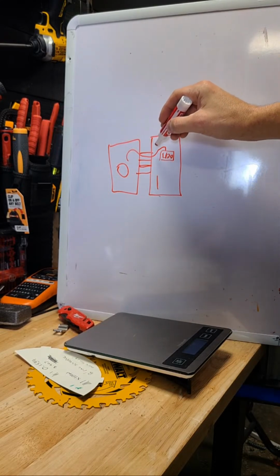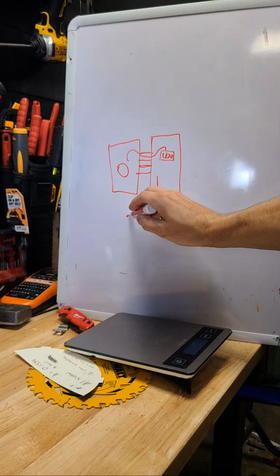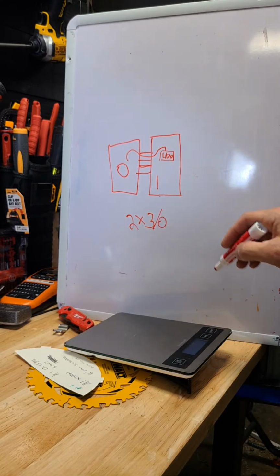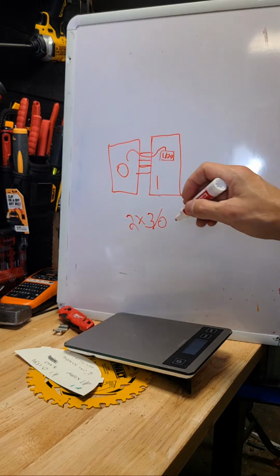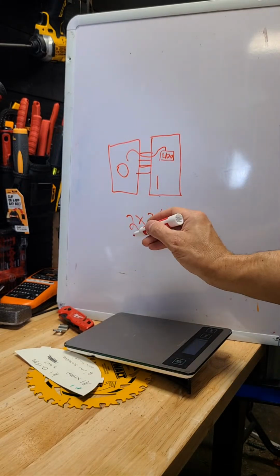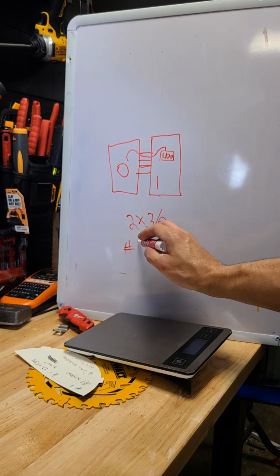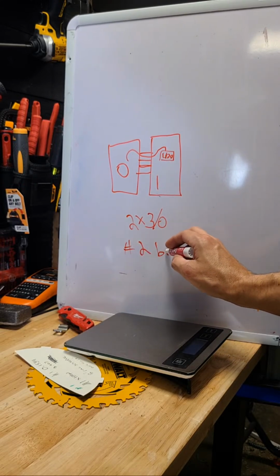So we had two times 3/0, and they ran a number 2 for the bonding bushing.